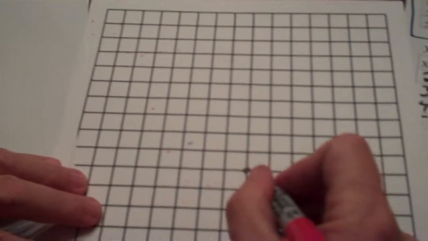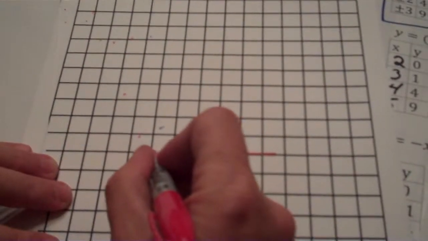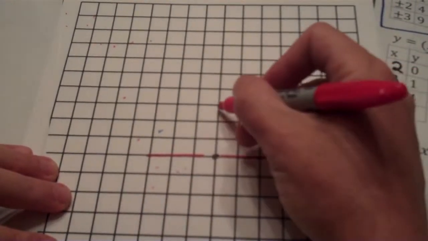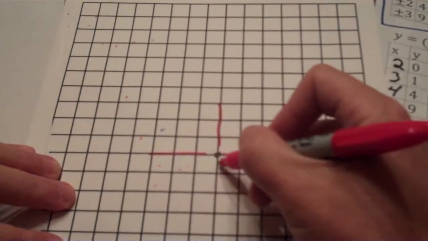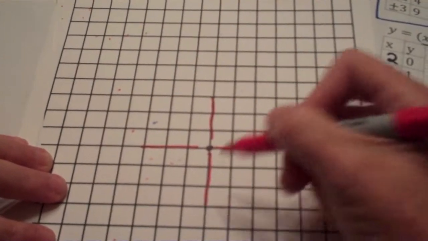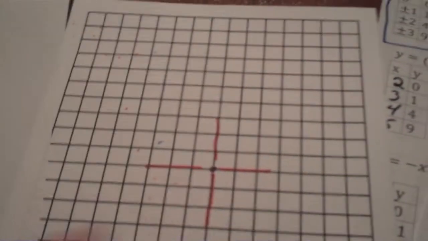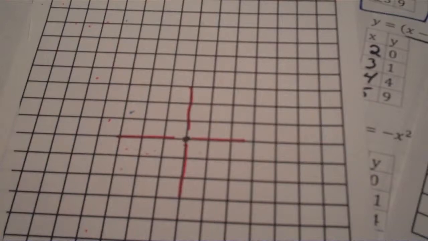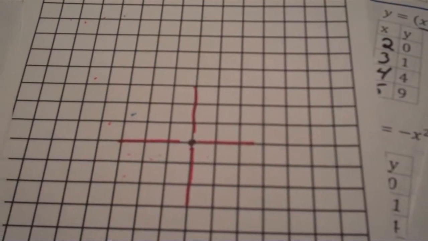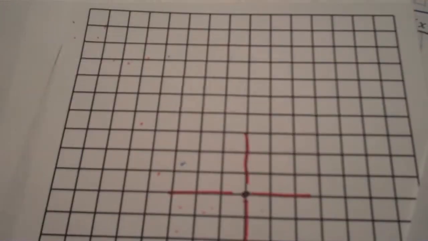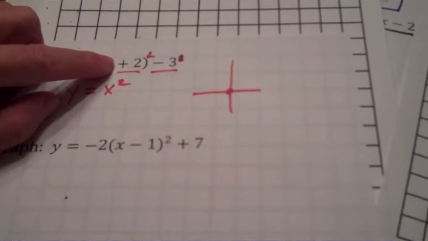So let's go to our graph. Let's put our origin right here in the middle of the paper, more or less. I'll go ahead and draw my axes in again in red. Normally, that's where my vertex would be, right at the origin. But remember, let's go back to our equation again for just a second. Where do I have to move my vertex?